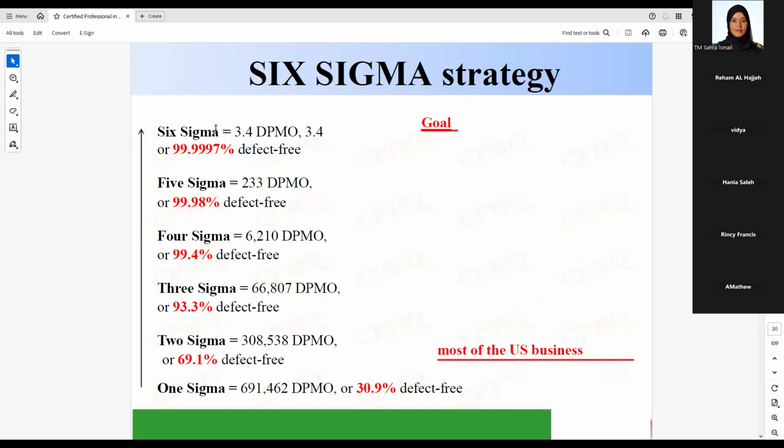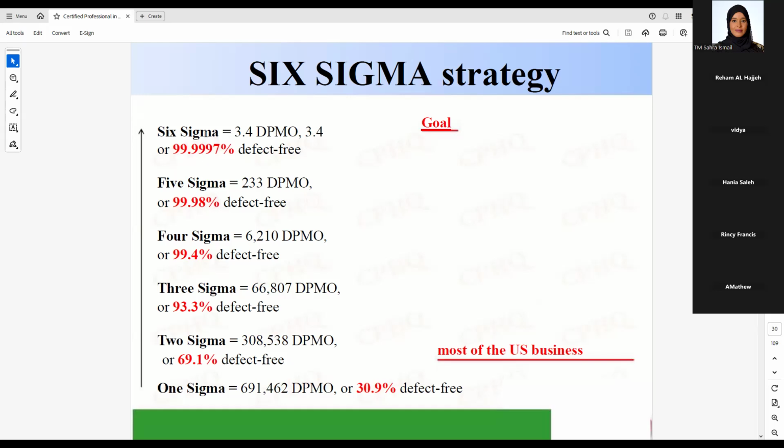And then the 6 sigma is where you have only 3.4. So again, go back to the factory example. Imagine that you are producing 1 million water bottles, only 3.4 of them are going to be defective. The others are going to be completely fine.